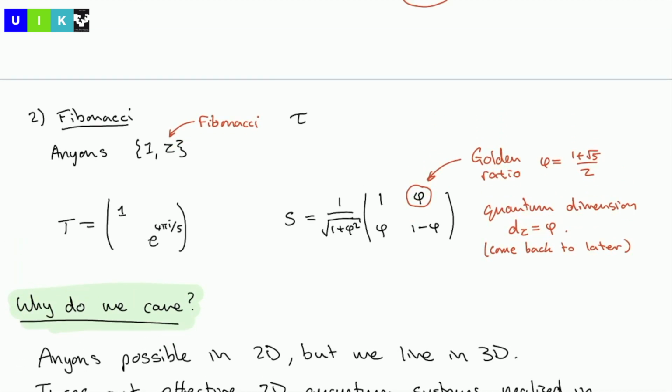It turns out that this phi is something called the quantum dimension, and it's related to how fast the Hilbert space grows if we add more and more copies, more and more tau excitations to the system.